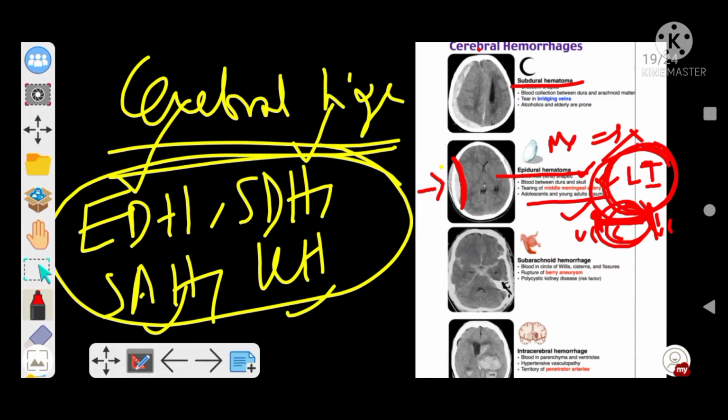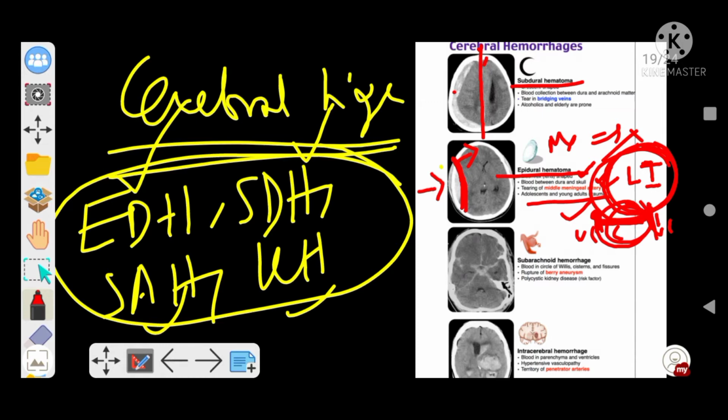But you can see the diameter of the brain is a little shifted, right? It is not a good picture, otherwise I would have shown you. The matter of the brain is a little shifted from the midline. The part where there is hemorrhage shifts the brain to the opposite side, right? I will try to show it in another image.